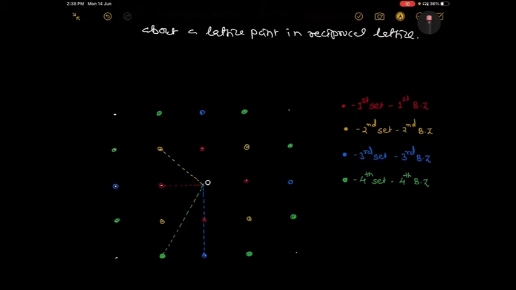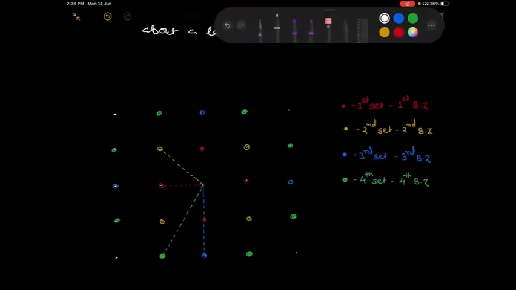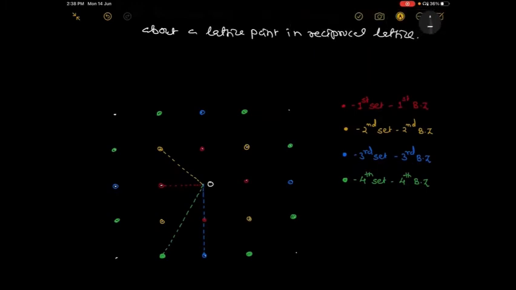In that, we select the center point as the origin. That center point we call O, and from the center point we choose the nearest neighboring lattice points.